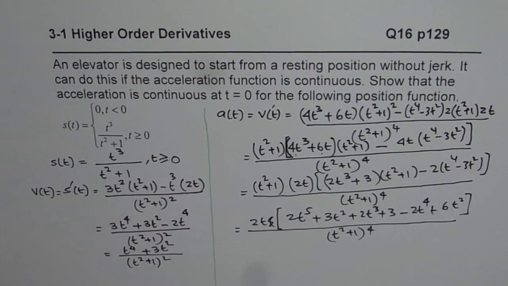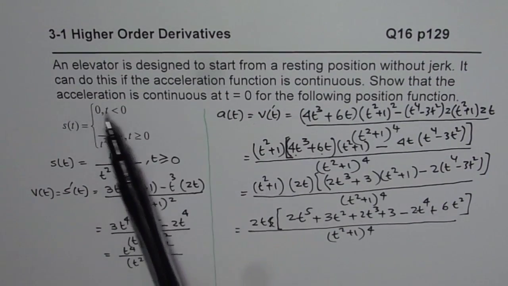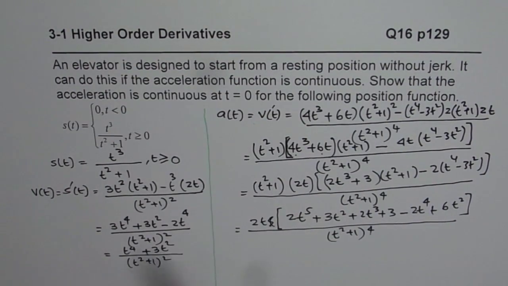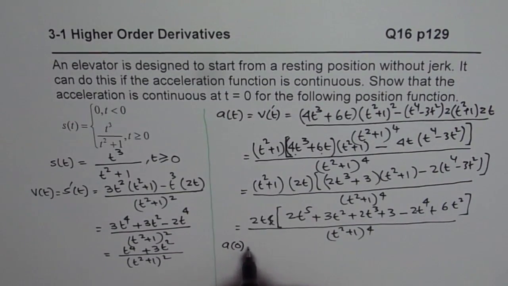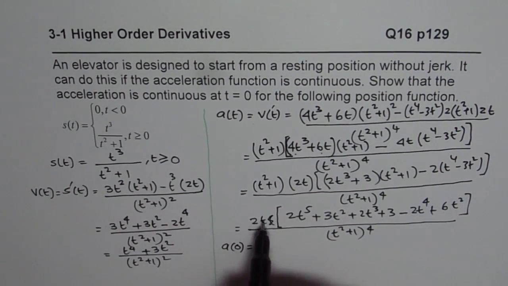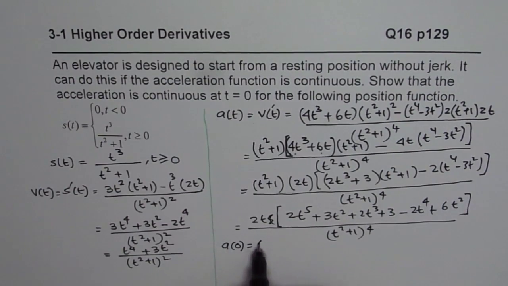Anyway, let's look into the solution part, which says show that the acceleration is continuous at t equals 0. Now, for this function, the denominator is always positive and there are no restrictions on it. That is the first part. Second, if I substitute t equals 0 into the acceleration, I get a0 equals 2 times 0 over 1, which is 0.